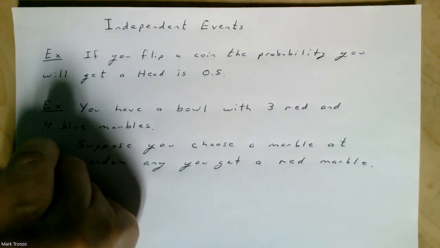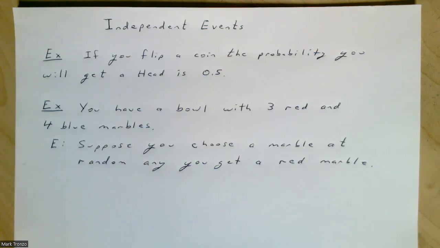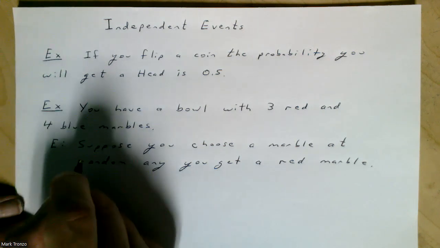And let's call this event, let me give this event a name, let's call this event E. You choose a marble at random and you get a red marble. And you do not put it back.